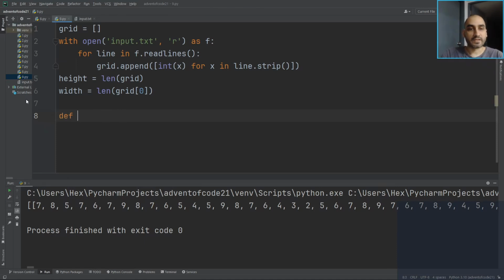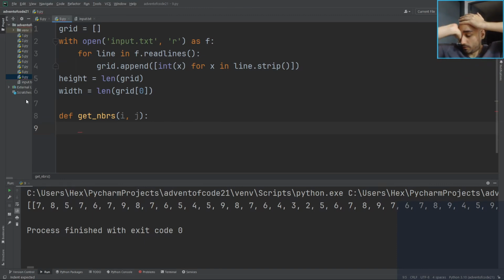So let's define get neighbors. Given an i and j, we want to return all the neighbors.